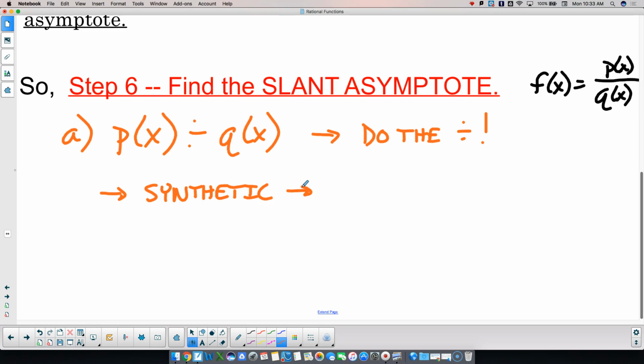I can use synthetic division if the denominator's degree has to be 1, but it has to look like 1x plus or minus something. That 1, the lead coefficient in the denominator, has to be 1 in order to do synthetic division.